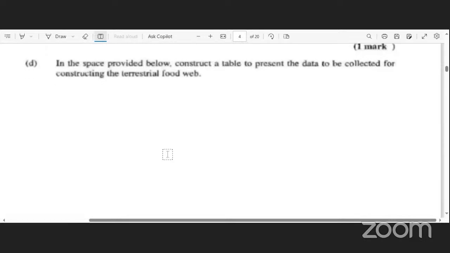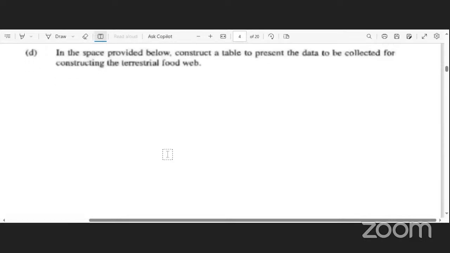All right, so this question here wants us to construct a table to present the data to be collected for constructing the terrestrial food web. I think all of us know how to construct a table. First thing first, when you're doing a table, even if your information is not correct, you should ensure that your title is descriptive enough, right? So you need a descriptive title.